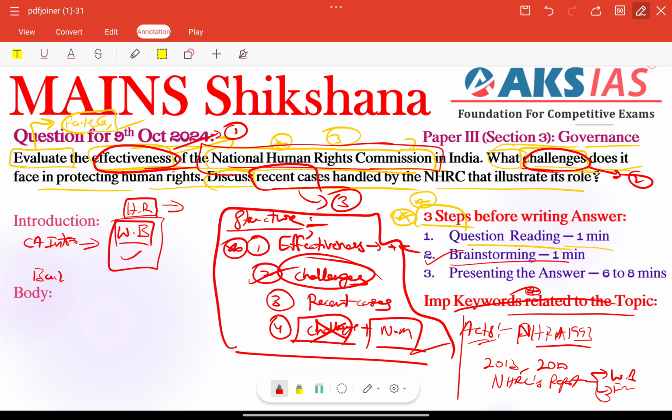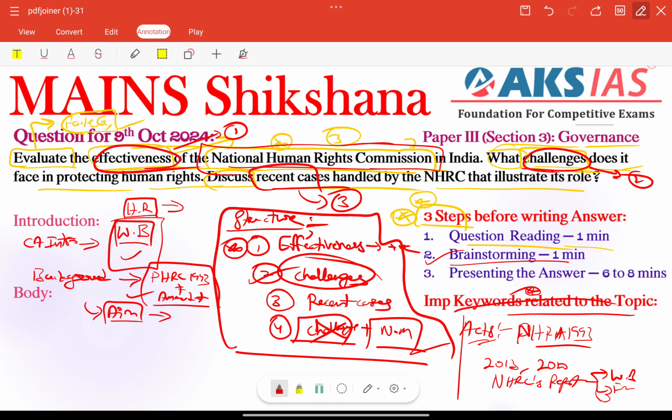Otherwise, in the next part, we can add background. Background means what can we include here? For example, when it was established: the PHRC 1993, plus we can add amendments, up to recently 2020. Otherwise we can add the aim, aimed at promoting and protecting human rights in India.